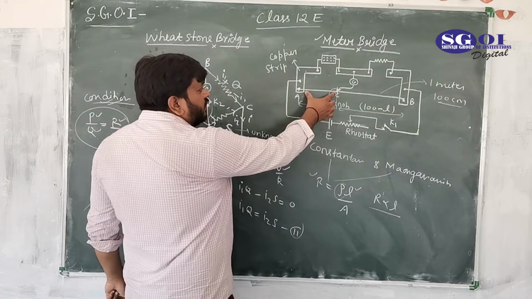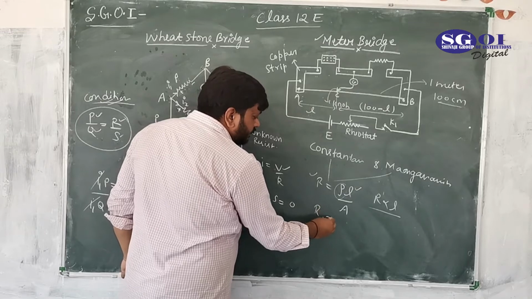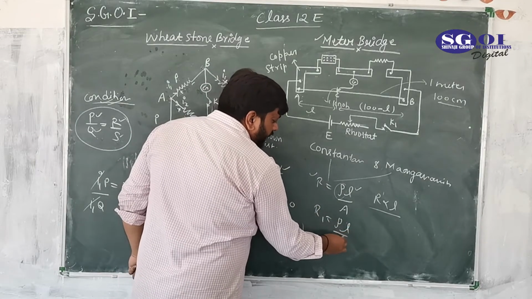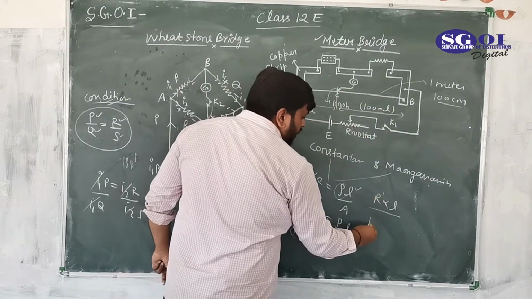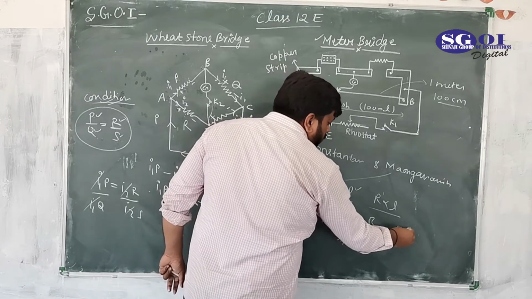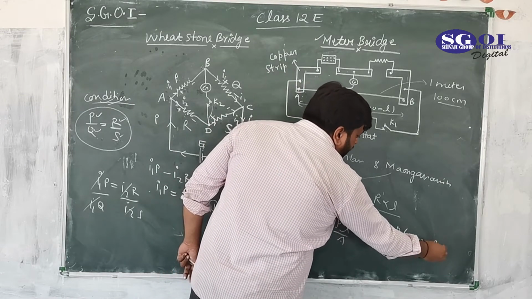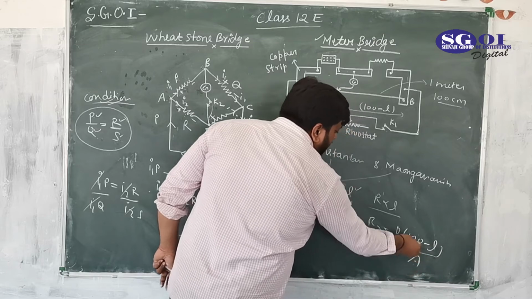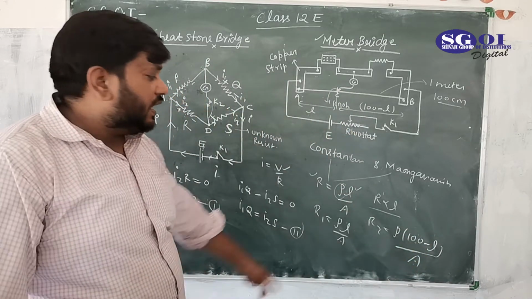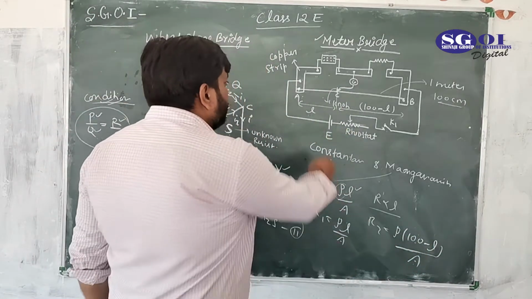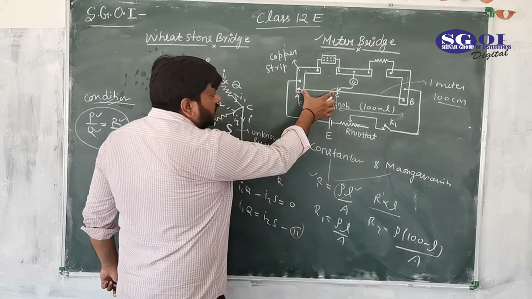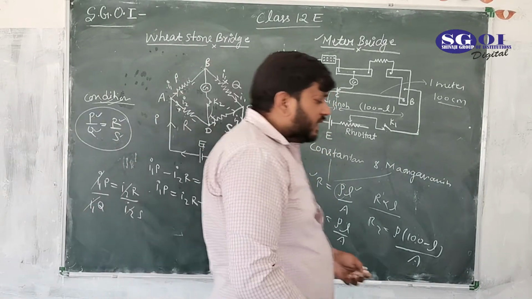The resistance of this part is rho L by A, and the resistance of this part is rho (100 minus L) by A, because these two things are constant and only the length is changing.